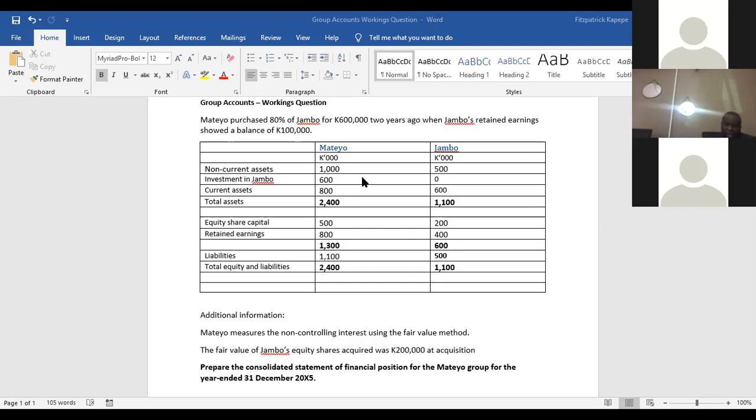Retained earnings at the report date was 400,000. And at acquisition, the retained earnings was 100,000.